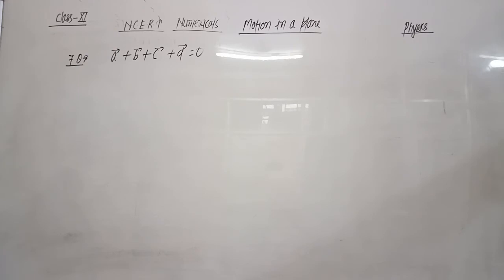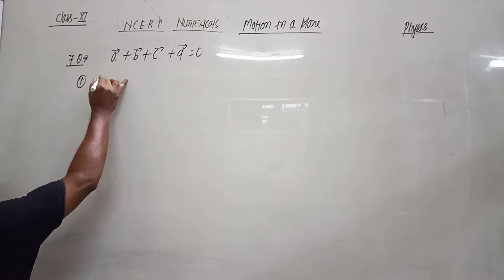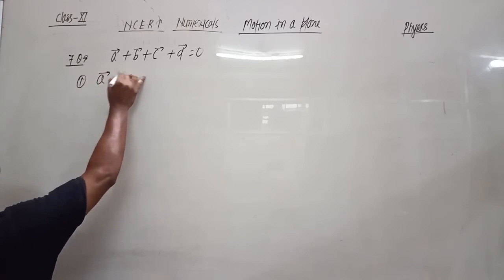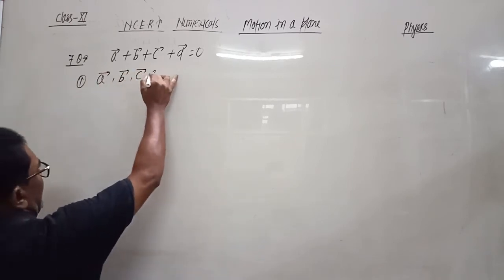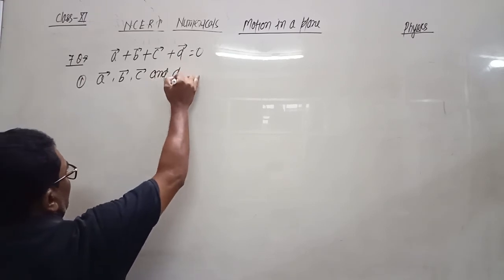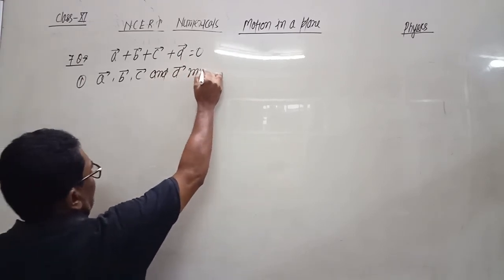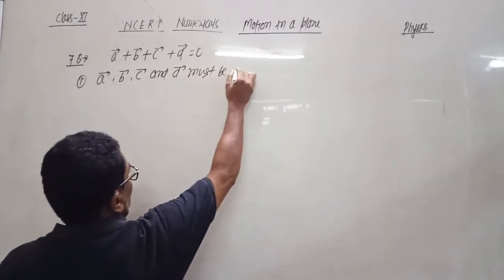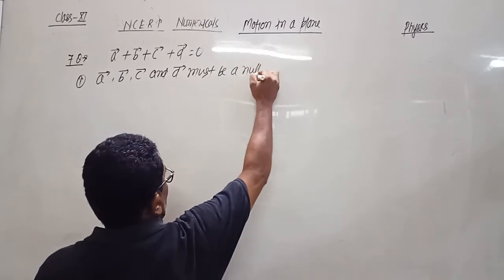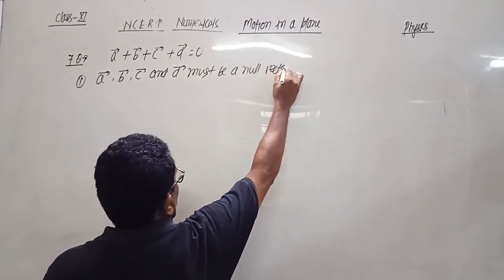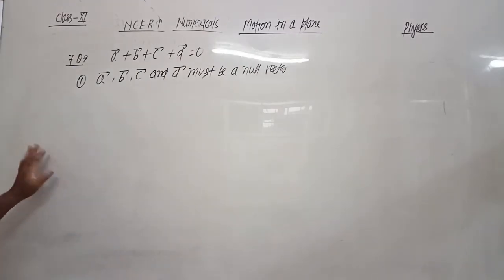The first statement is: A, B, C and D must each be a null vector. Null vector means zero vector whose magnitude is 0.